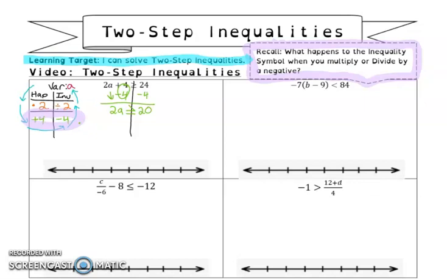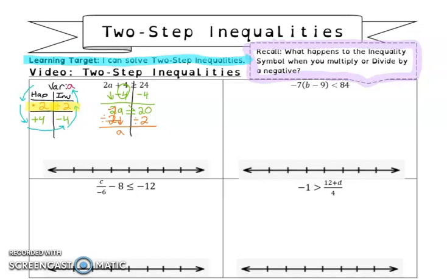So now we can move on to our next line, which is times 2. We need to divide by 2. So we have times 2, and it says we need to divide by 2 from our times 2. So we're going to divide 2 from our times 2, but we also have to divide 2 from our 20. 2 divided by 2 is 1, which leaves us with just a.